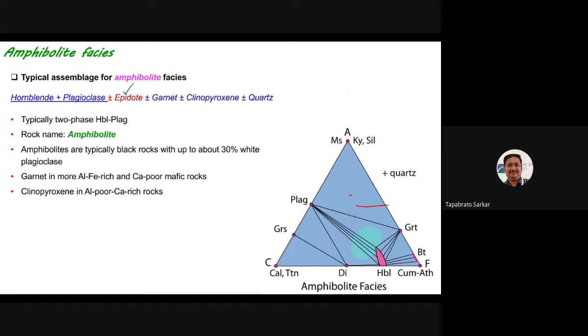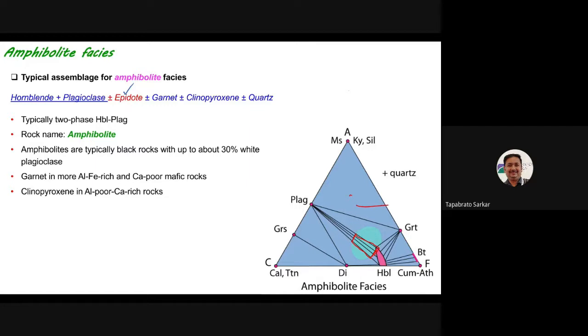Now, depending on the composition, let's say the composition of the mafic rock lies in this region. What would be the mineral assemblage from your knowledge of the ACF diagram?